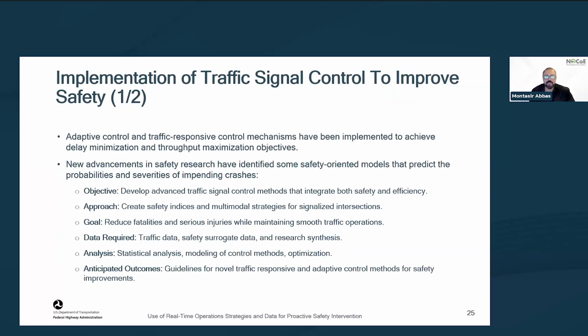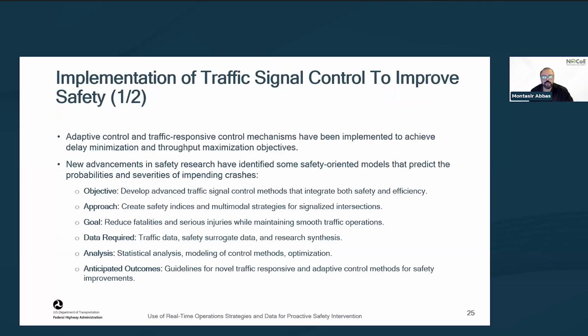The next one was the implementation of traffic signal control to improve safety. And again, the general idea is that we used to think in a compartmentalized way when we look at traffic signals, that we design traffic signal timing plans to reduce delay or improve throughput.